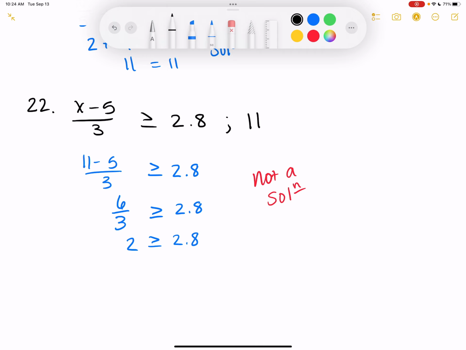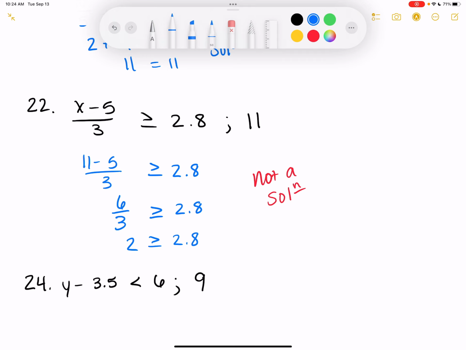So 24. y minus 3.5 is less than 6, and they want us to plug in 9. So I need the left side, for this to be a solution, to be anything less than 6.